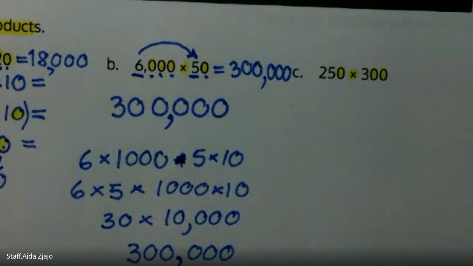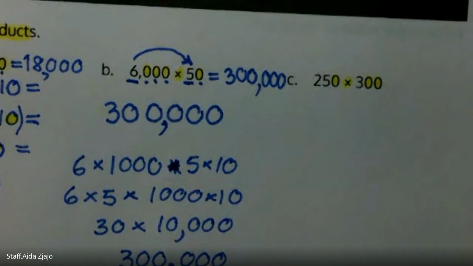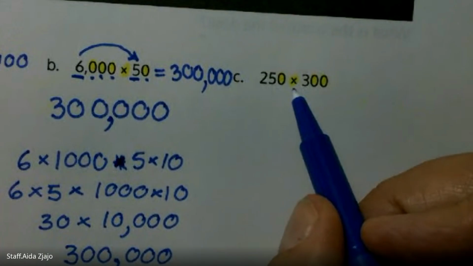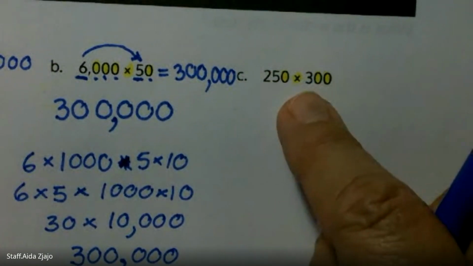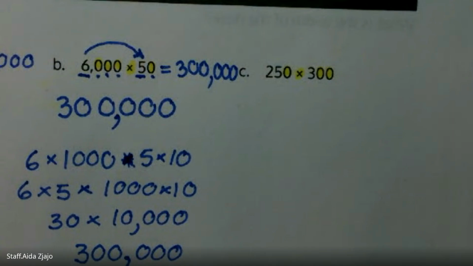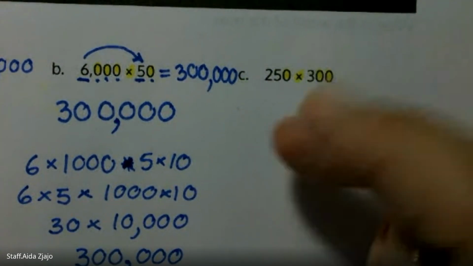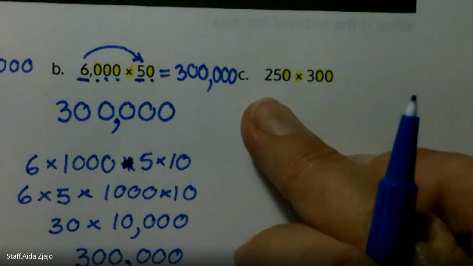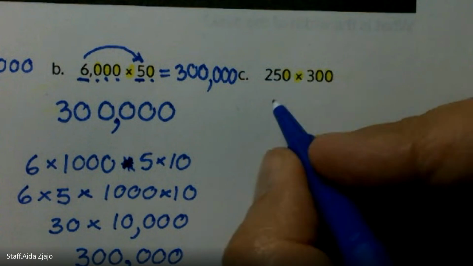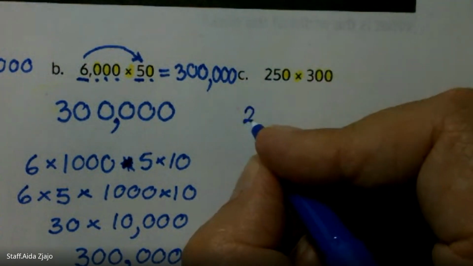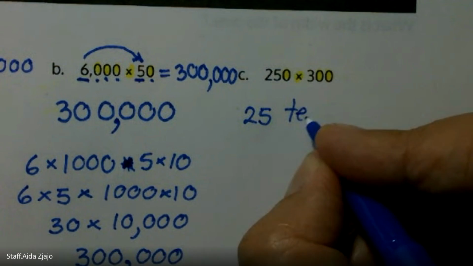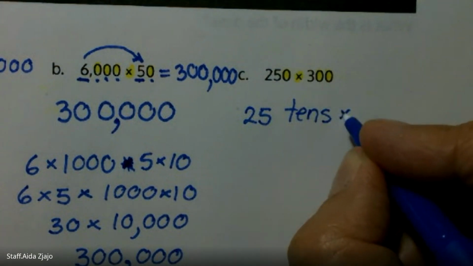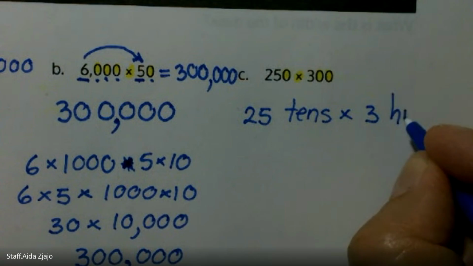All right, and so 25 tens times 300s. You can think of this also with language. I'm going to show you this: 25 tens times 300.